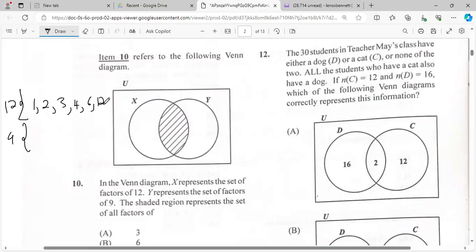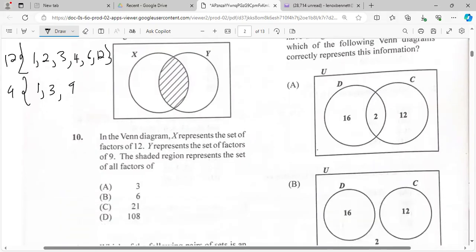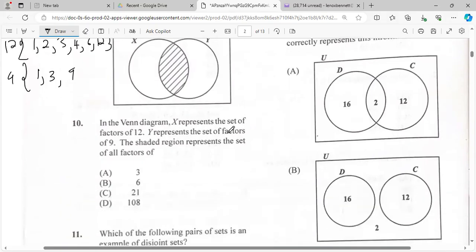For 9 you have 1, 3, and 9. So that's 1 and 3 common. Oh, hold on. It says in the Venn diagram, x represents the set of factors of 12, y represents the set of factors of 9. The shaded region represents the set of all factors of 3. So 1 and 3. So that means it's the factors of 3.